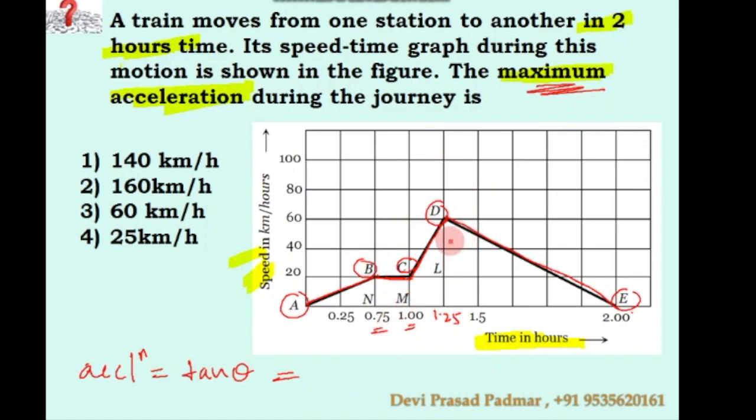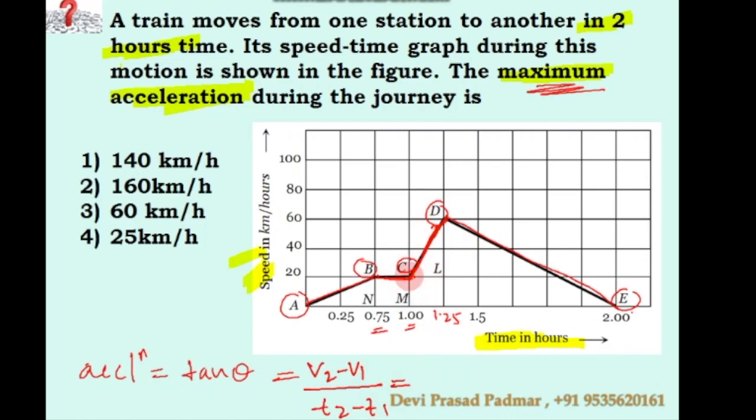That means for this line you need to get slope. As I said, tan theta from the graph we can calculate like this: V2 minus V1 divided by T2 minus T1. What is V2 minus V1? Look at this, CD.